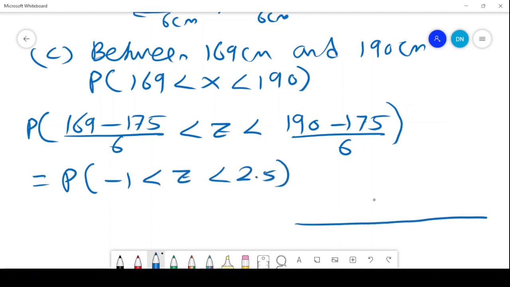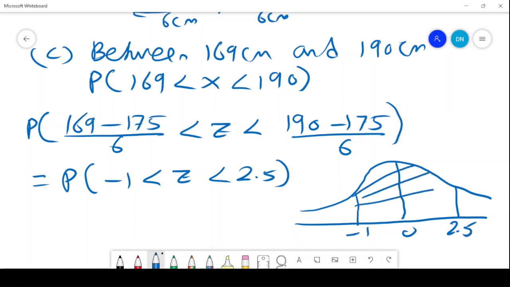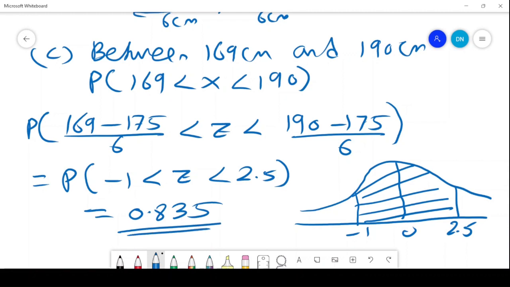And so you come again to the diagram. This is always the guiding point. You put your values and find which part you are interested in. If you get the part, you will be able to easily find the probability. So there is an 83.5% chance that a man will have a height between 169 centimeters and 190 centimeters.